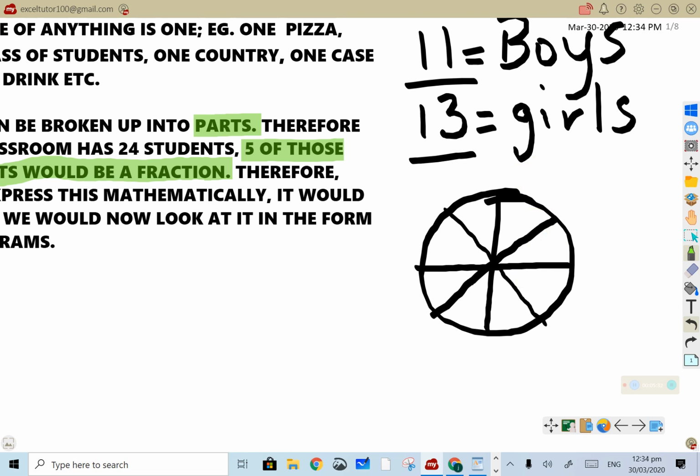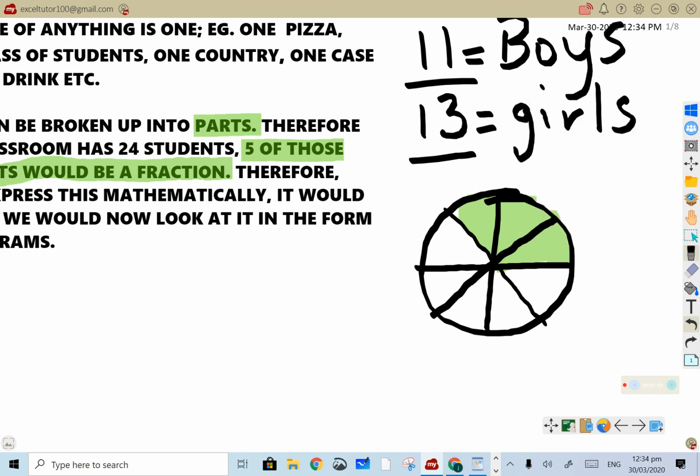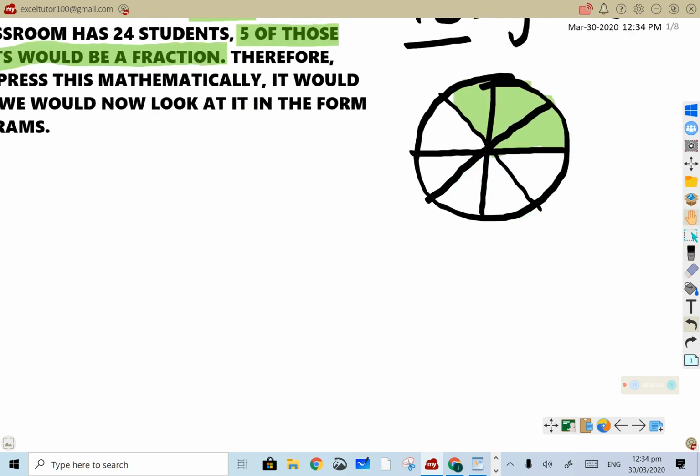So if we say this is 1 as well, but we ate 3 slices of the pizza, it is still 1. So the pizza is still 1.